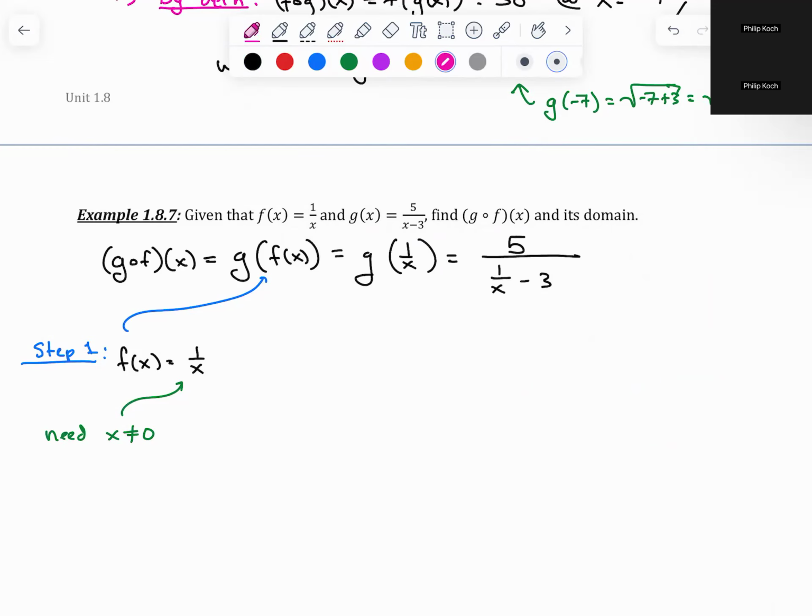And once again, you can think about it: g of a box is equal to 5 over the box minus 3, and we're just plugging in a 1 over x. If that helps you, do it.